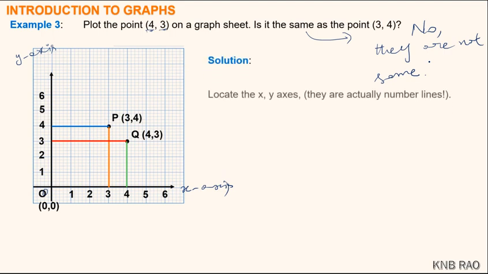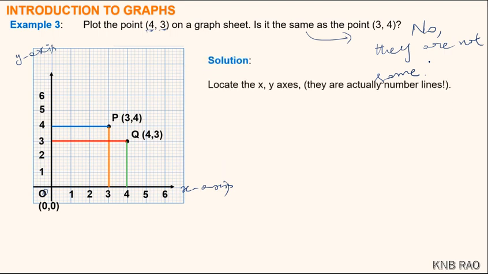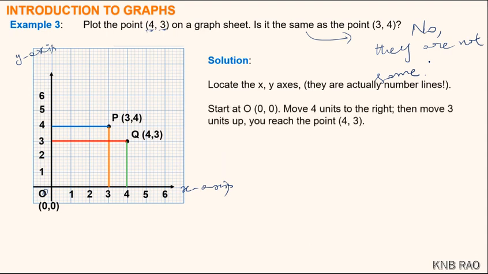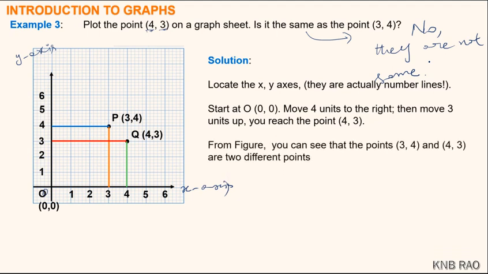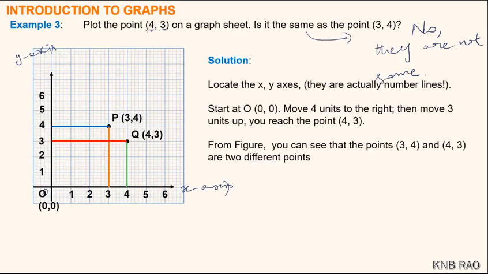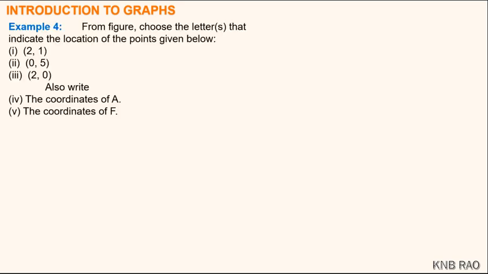So, solution is locate the x and y axis, they are actually number lines. Start at origin O 0, 0, move 4 units to the right, then move 3 units up. You reach 4, 3, and this is the explanation I am giving. You know how to plot. Let's go for next question number 4.